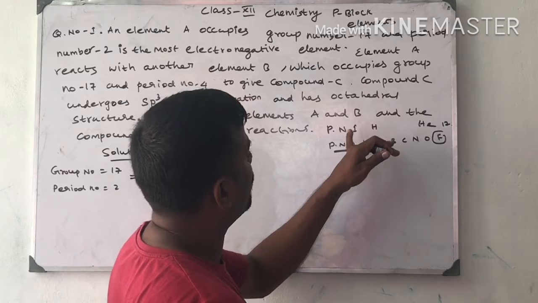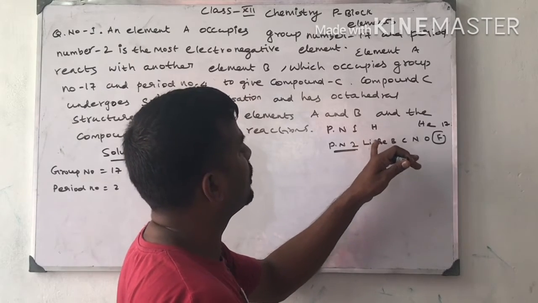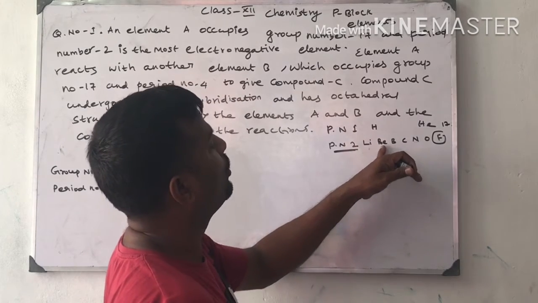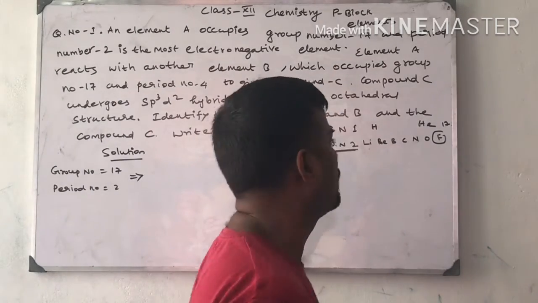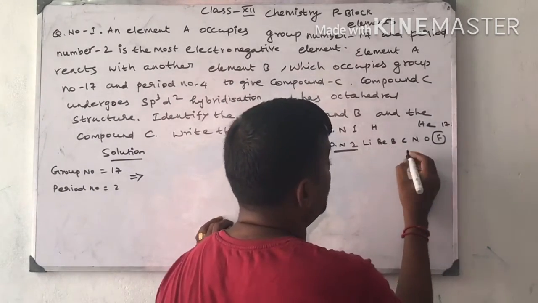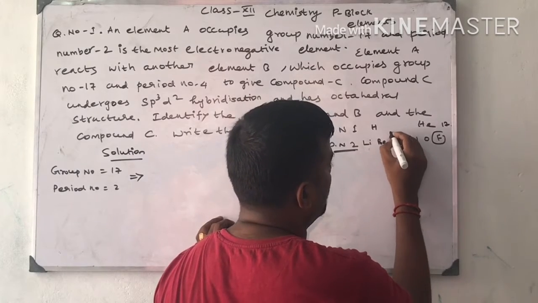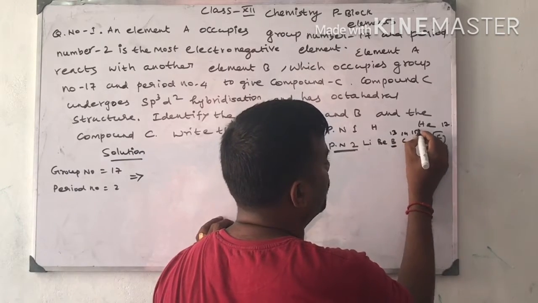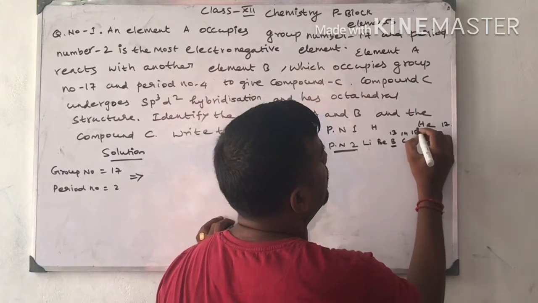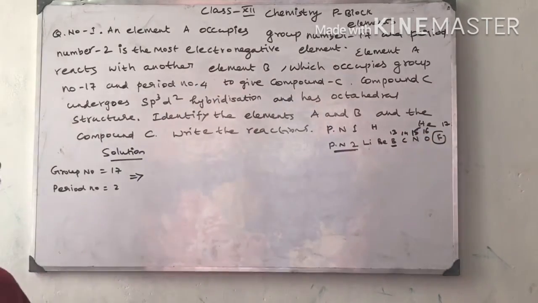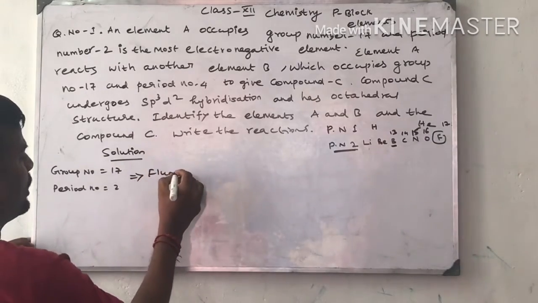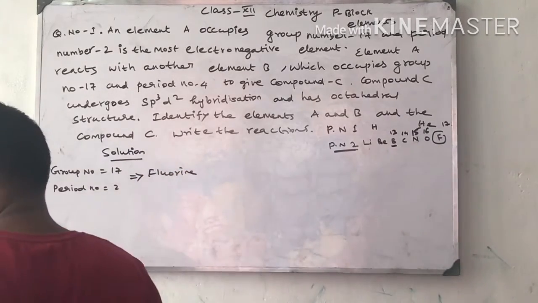Group number 1 is hydrogen, group 2 is beryllium, groups 3 to 12 will be d block elements, and then group numbers 13, 14, 15, 16 and 17. In this way we find that fluorine is the answer.